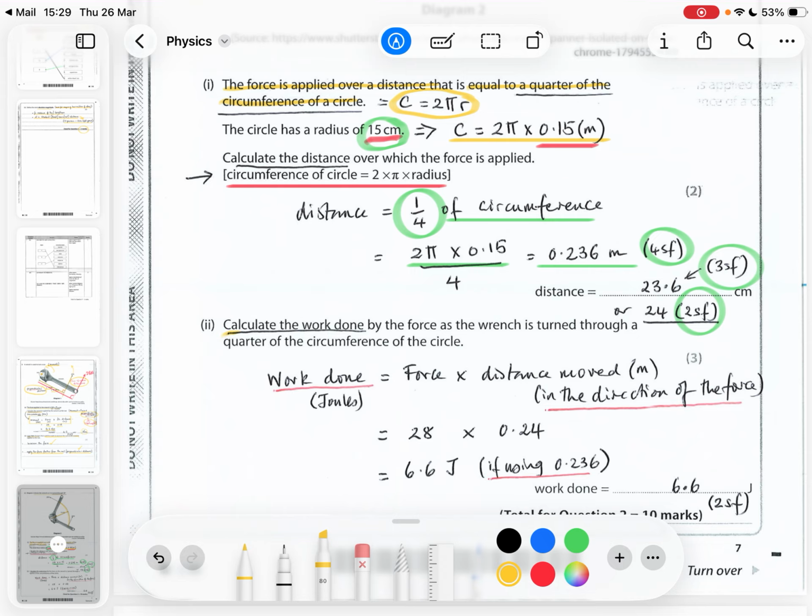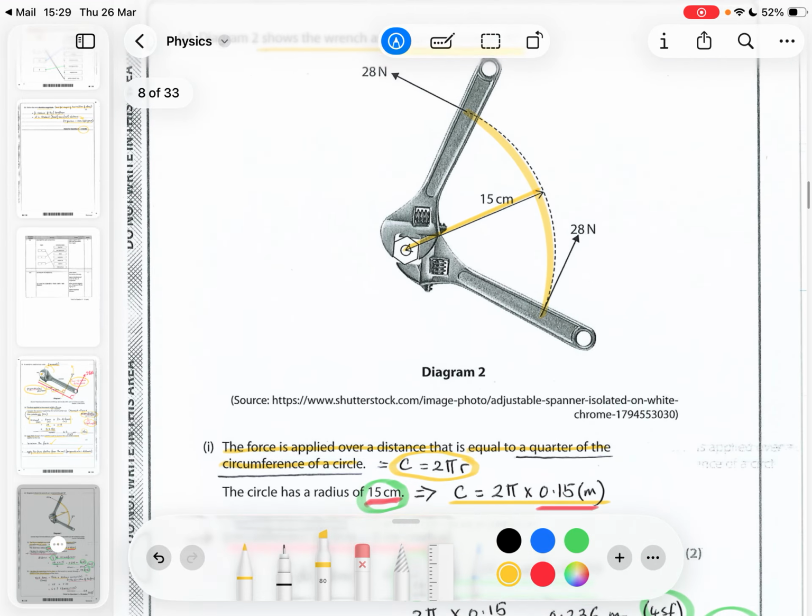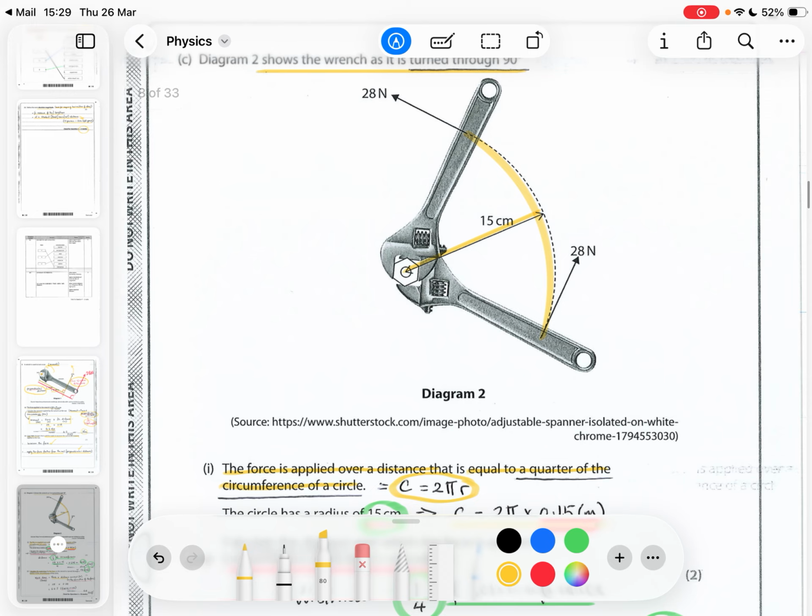Okay, so calculate the work done by this force as it turns through the quarter of the circumference. So work done is also force times distance, but this time it's not a perpendicular distance. You'll notice in this diagram that as you're turning, the force is in the same direction as the movement.